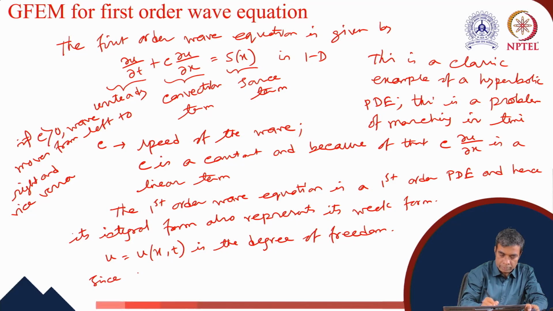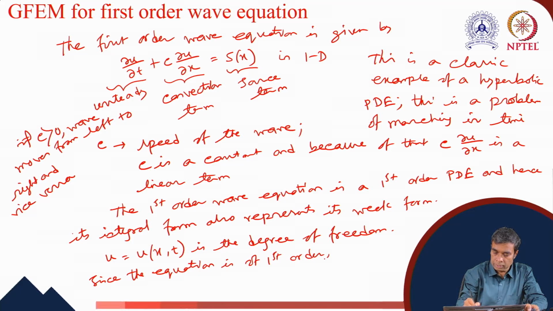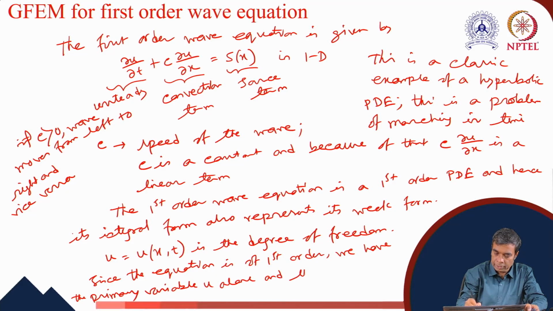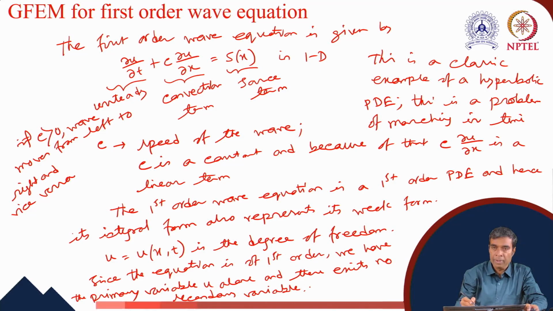Since the equation is of first order, we only have the primary variable and there exists no secondary variable. These we have already discussed in our previous classes. So we shall consider only the essential boundary conditions for this problem.